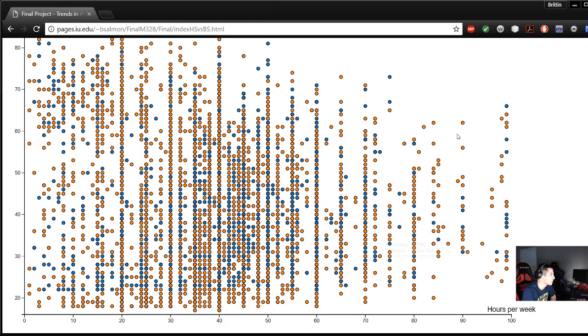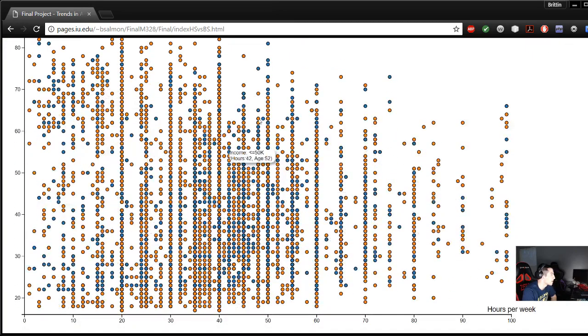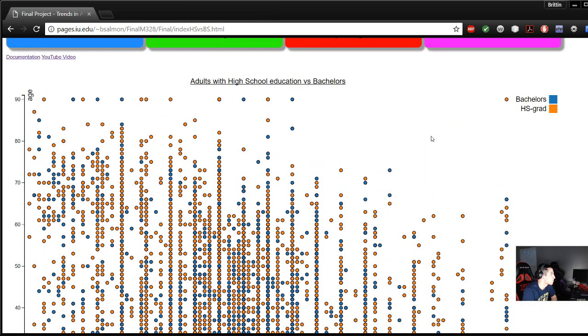Same for high school, but there's much more over here. So we noticed that if you do have a bachelor's, you're more likely to make more money, work less a week, and as you get older, work even less, which is also nice. So it definitely looks like going to school, getting some type of an education is definitely beneficial to the amount of money you make and how well off you'll be in life.